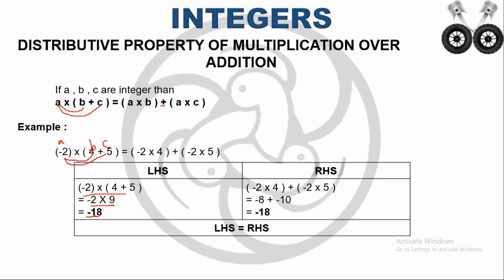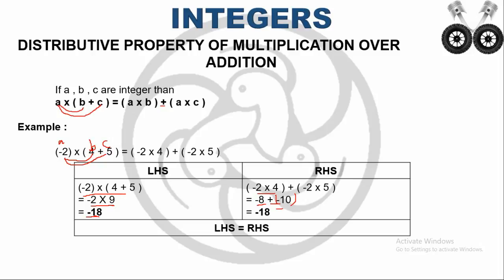Then RHS, minus 2 into 4 plus minus 2 into 5. So very first, inside the bracket should be executed first. Minus 2 into 4, the answer is minus 8, plus minus 2 into 5, the answer is minus 10. So here two operators are near together, that means I have to change the sign. So plus into minus, the answer is minus.